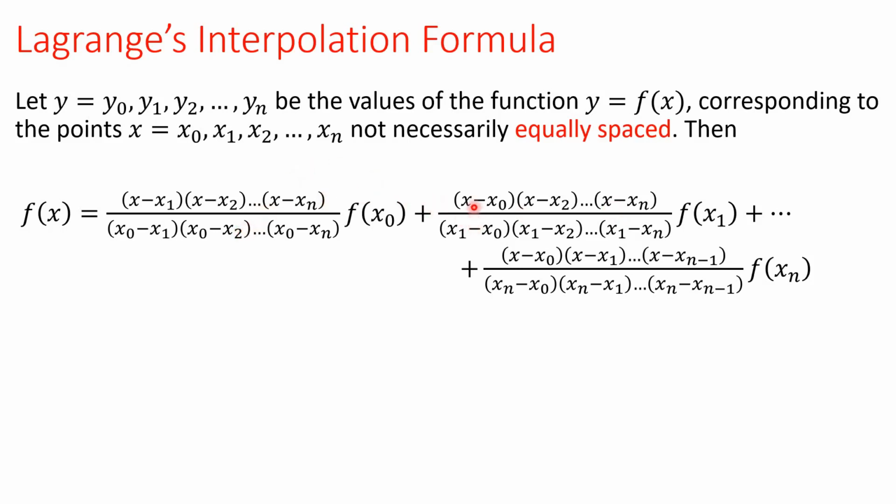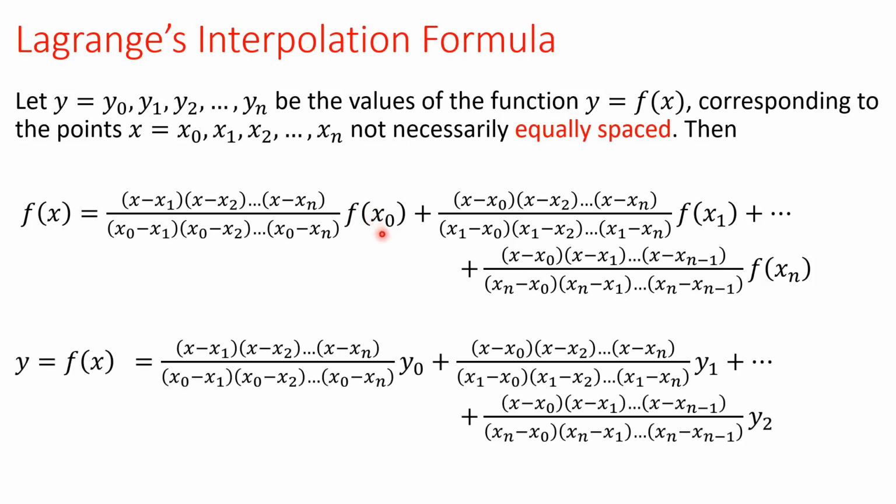You get x0 minus x0, which becomes 0 for every term, and for this last term also x0 minus x0 is 0. So everything vanishes. We are left with only the first term, the numerator upon denominator becomes 1, and this f of x0 is the output we want. So we will put y0 here. This is what Lagrange's interpolation polynomial is.